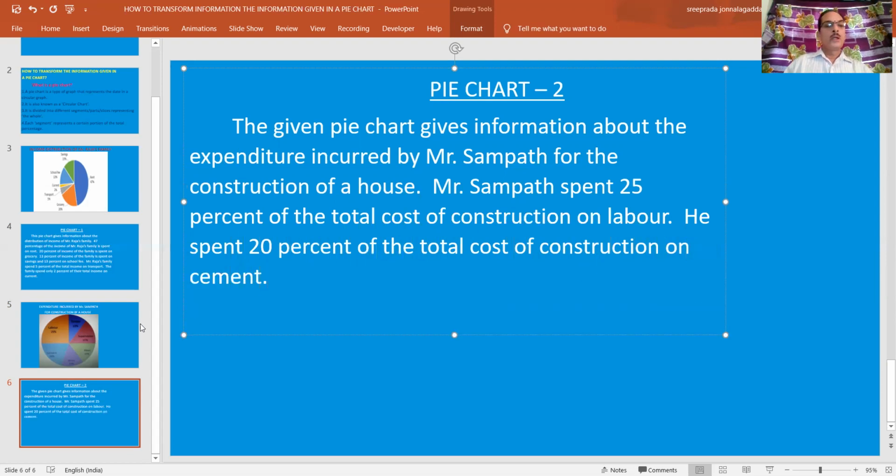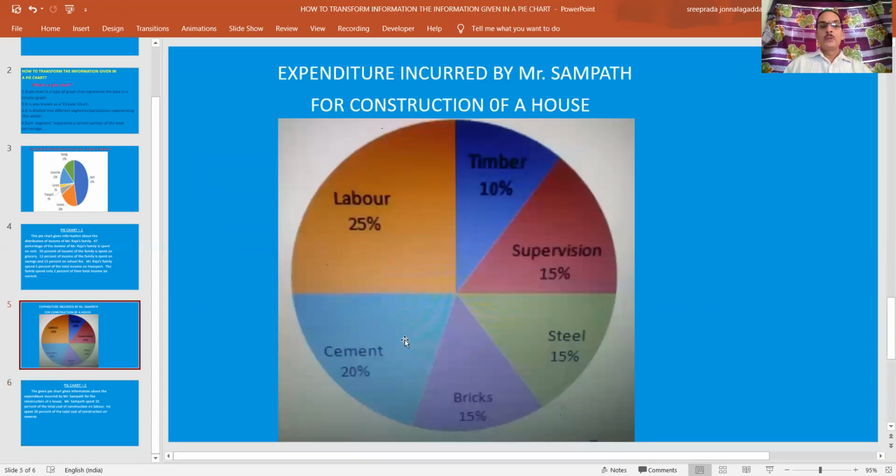Cement. And then next comes bricks, and then steel, and then supervision. So he spent 15% each, or equally, on each of these items.